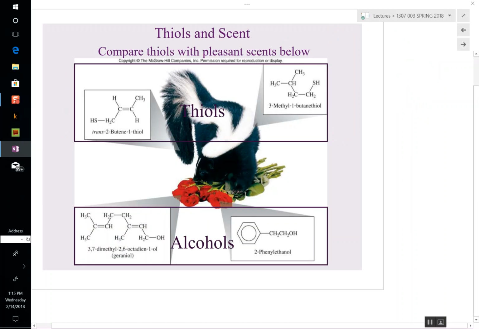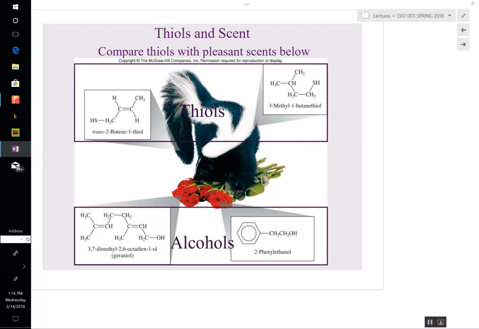Here's Pepe Le Pew on Valentine's Day, okay? He's heading off with his roses. He has hydroxyls. The aromas coming out of the roses are 2-phenyl ethanol.